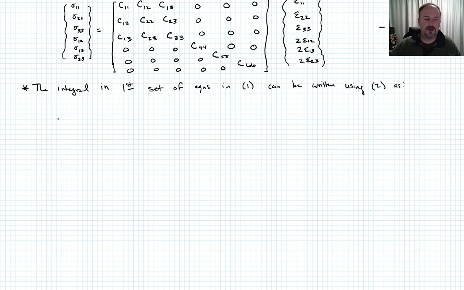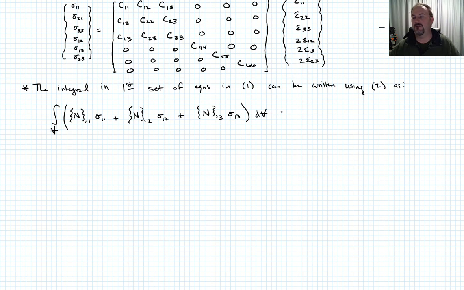We'll say the integral over the volume, so I'm going to write that integral down first, of n partial with respect to x1 times sigma 1,1 plus n partial with respect to x2 times sigma 1,2 plus n partial with respect to x3 times sigma 1,3 dV. Right, that's the term that is the first integral of equation 1.